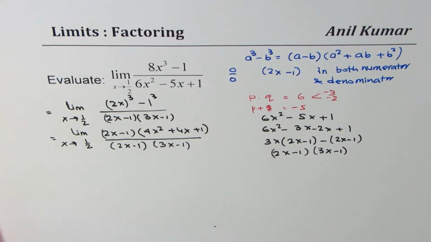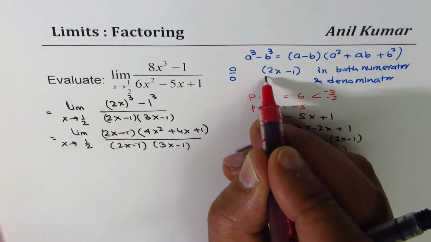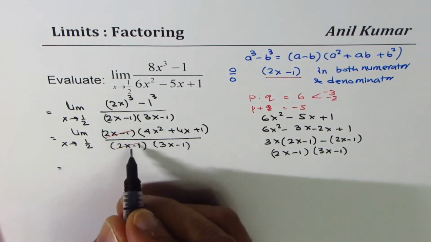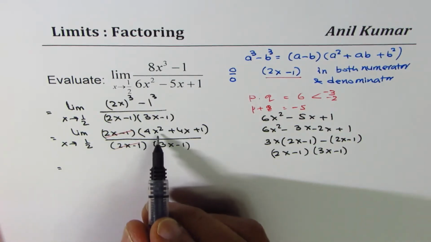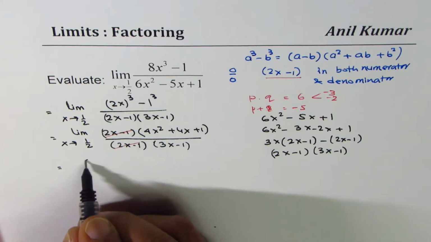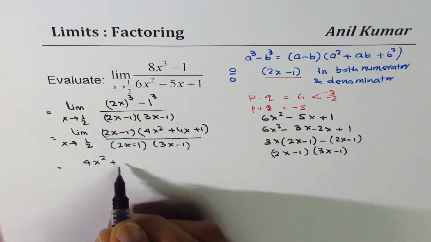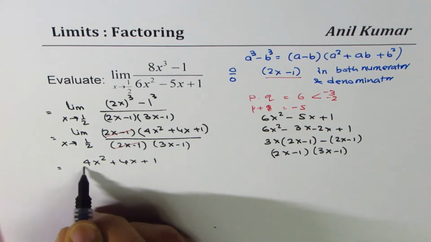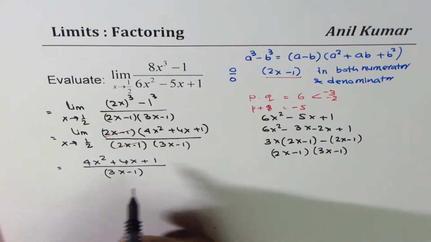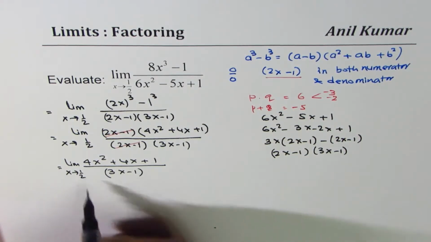Now, we can cancel the factor which is common in numerator and denominator. You can see it is indeed 2x minus 1. And once we have done that, we can replace x with half and find the limit, right? So we can now write this as 4x squared plus 2x plus 1 divided by 3x minus 1, where the limit x approaches half, right?